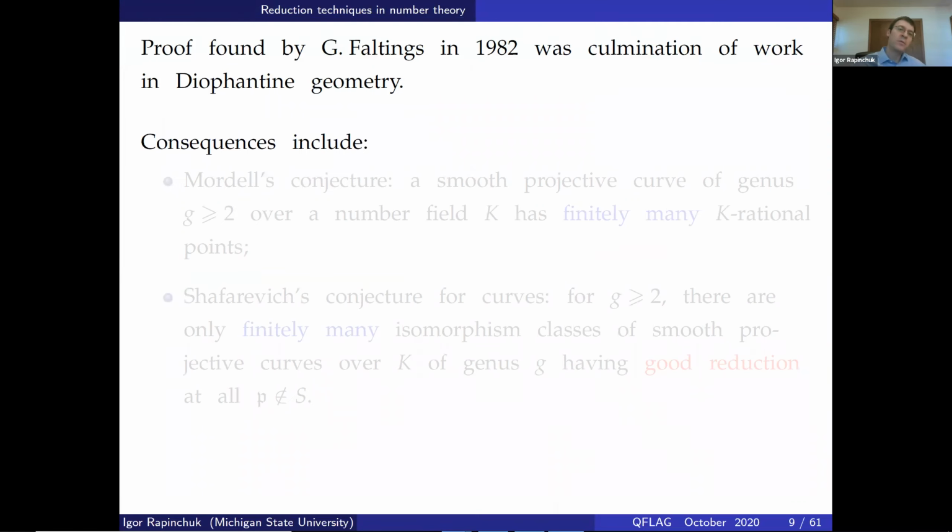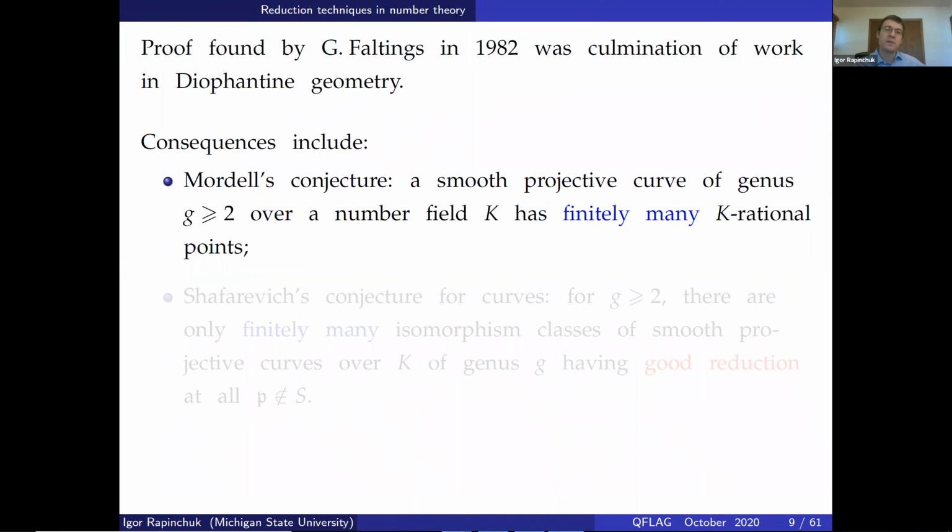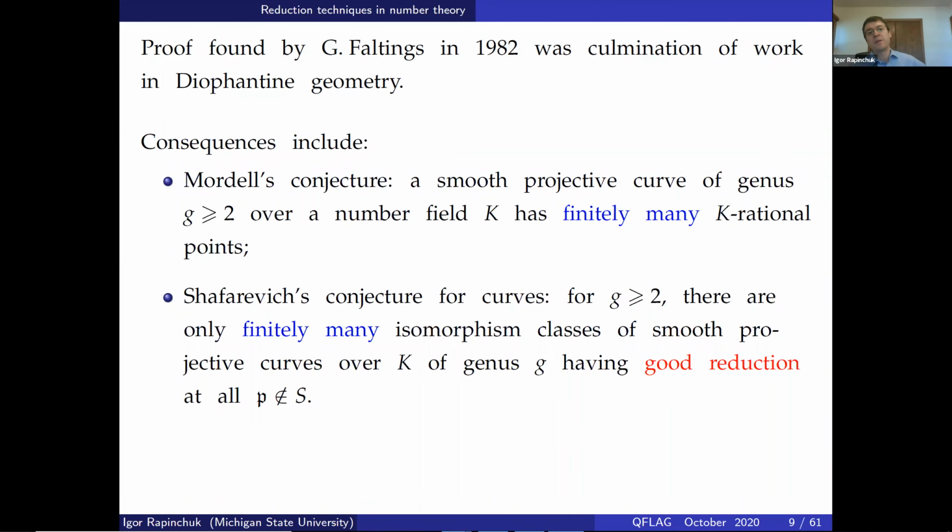And as is well known, besides being of considerable interest in its own right, this conjecture has a number of other consequences, such as Mordell's conjecture on the number of points of curves of genus greater than or equal to 2, as well as Shafarevich's conjecture for curves with good reduction, again of genus greater than or equal to 2.